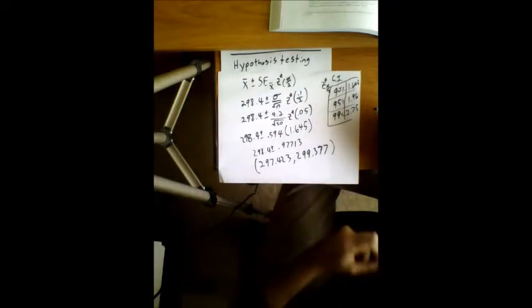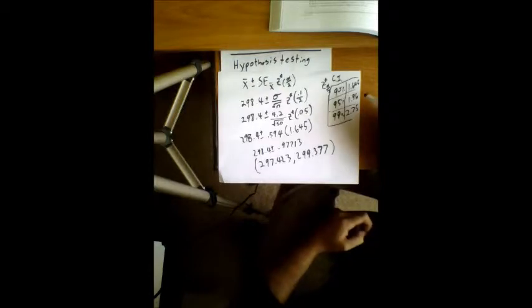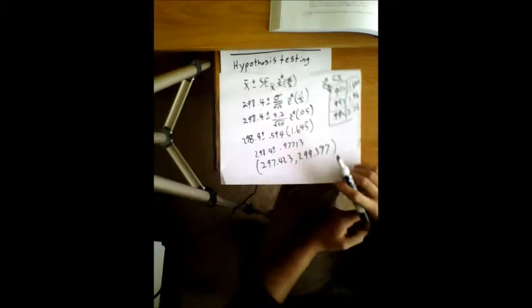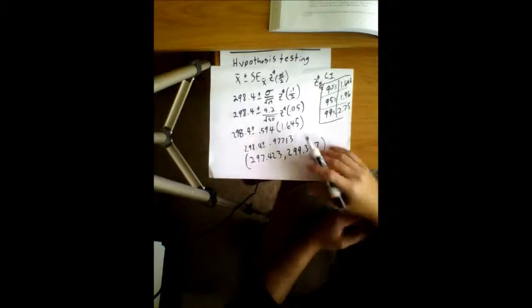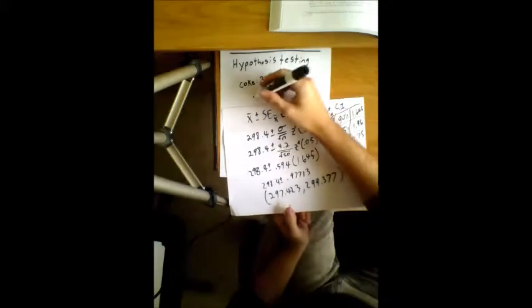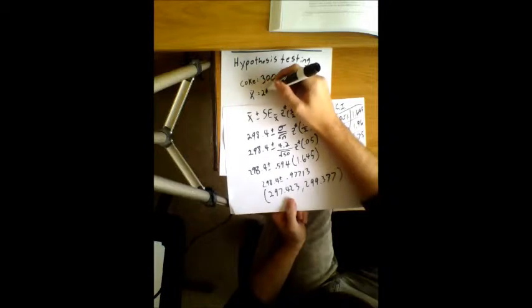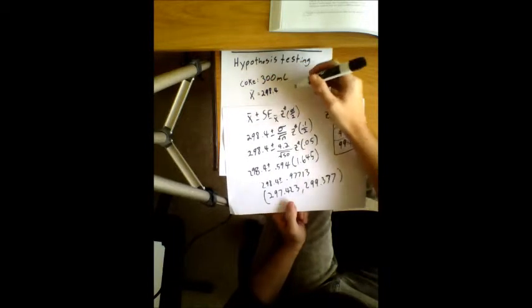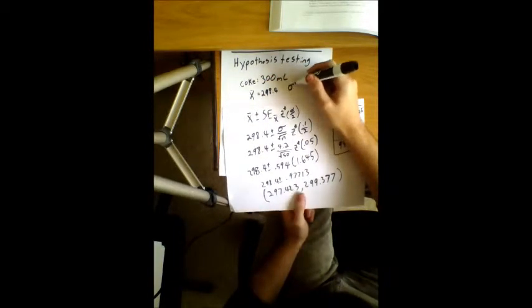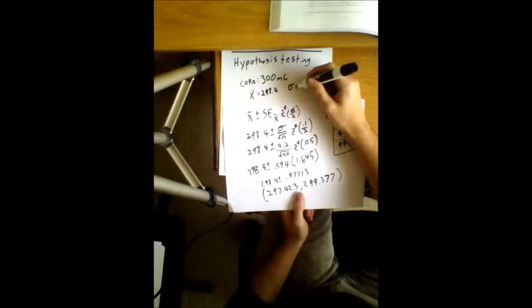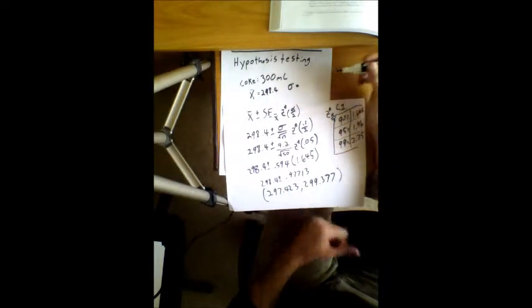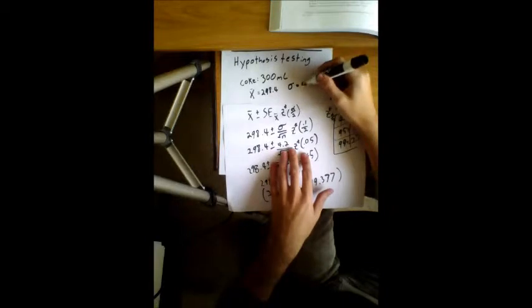I guess this must have been a 99% confidence interval based off of our sample. So we took a point estimate. Our point estimate was 298.4, and we knew that the population standard deviation was 4.2.